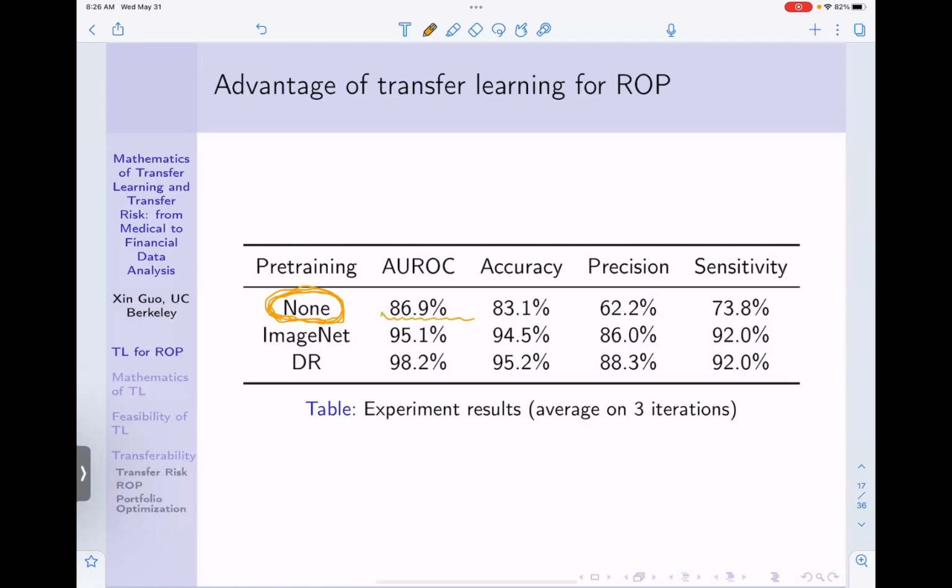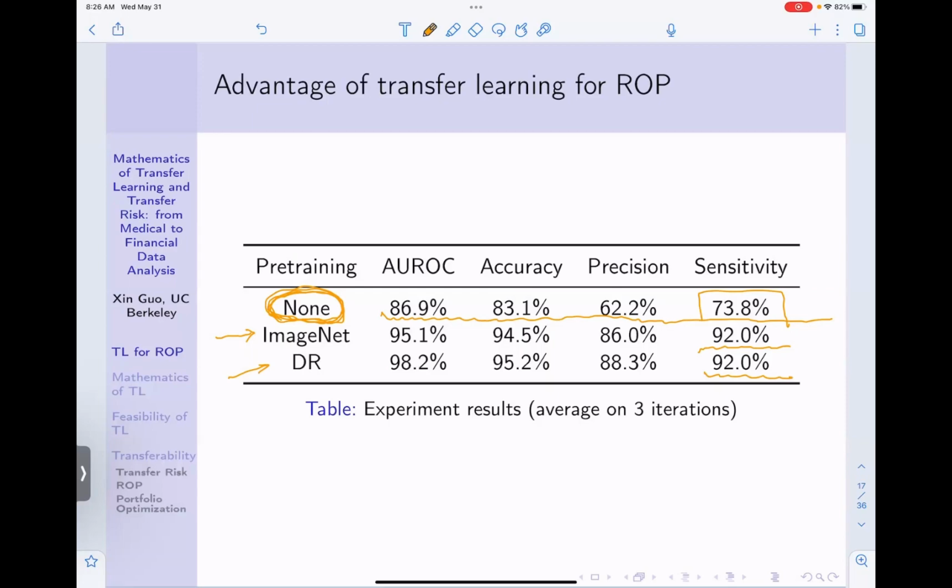These numbers are not as desirable, especially the sensitivities, which are pretty low. And then if you use the generic transfer learning techniques, what you see immediately is that the sensitivity analysis jumps to 92.